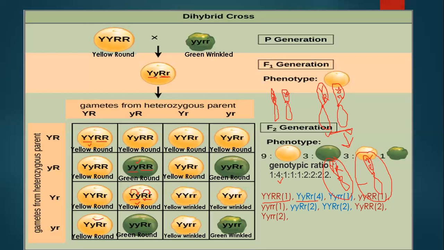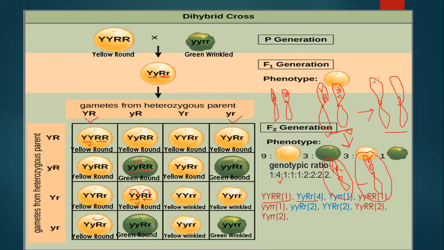Now there is one more possibility. So we are just writing like this: capital Y R and small y small r. This is clear. Then how do these other two gametes appear? These two gametes appear because after pairing of the homologous chromosomes, there are chances of crossing over. After the first pairing of homologous chromosomes, this is followed by crossing over.